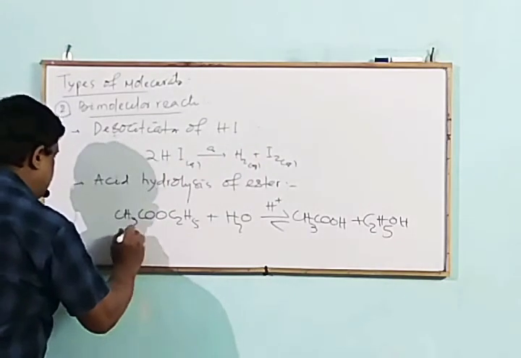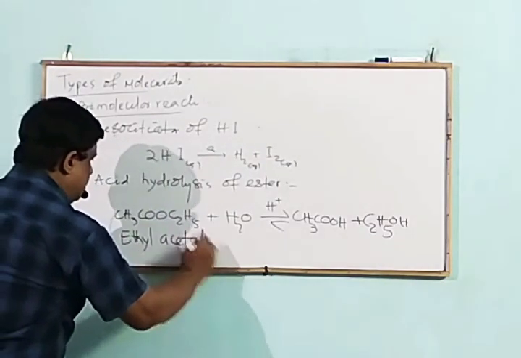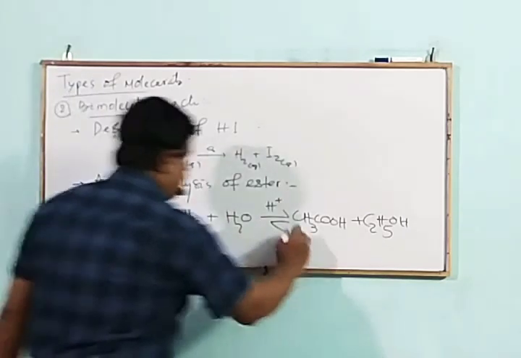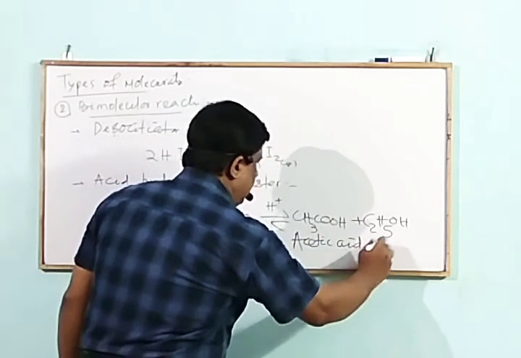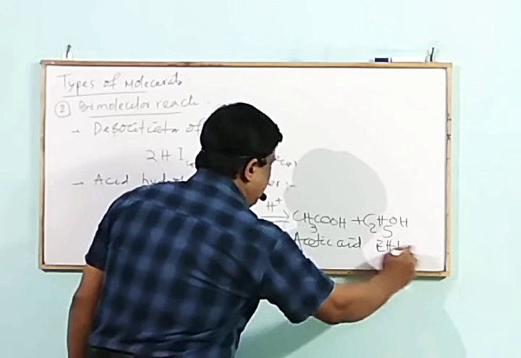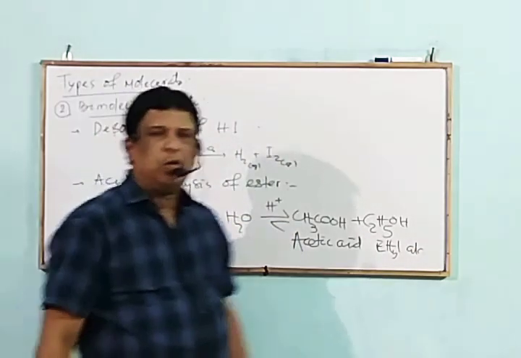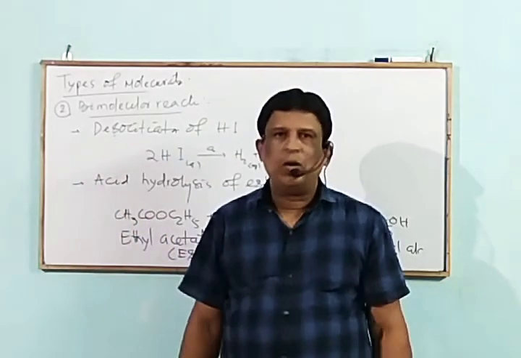Its name is ethyl acetate. It is an ester. Next, acetic acid, and ethyl alcohol. These are a few examples of bimolecular reaction.